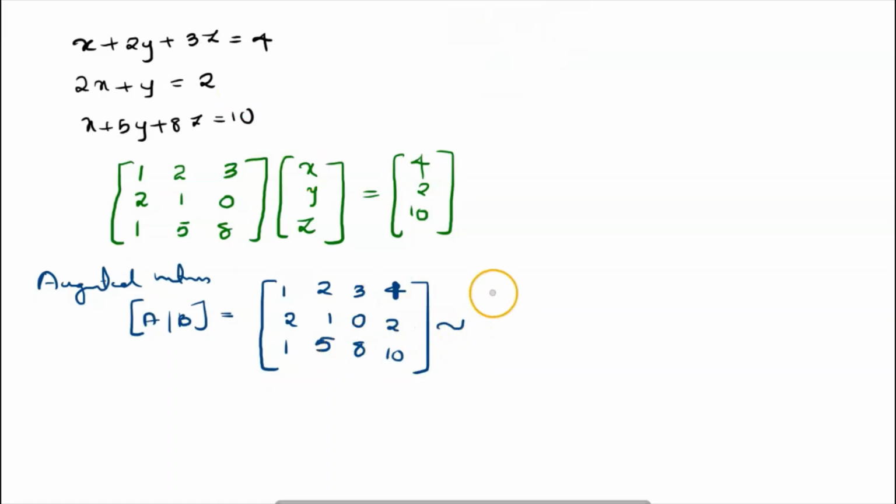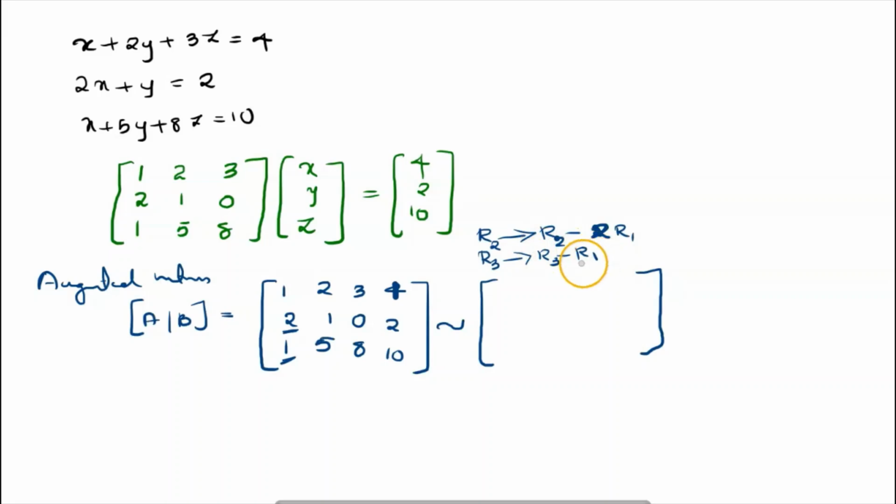So I'm just reducing the matrix to find a solution. First of all, I want to make this element 0 and this element 0. So first operation is R2 minus 2 R1, and for R3 minus R1 is enough.